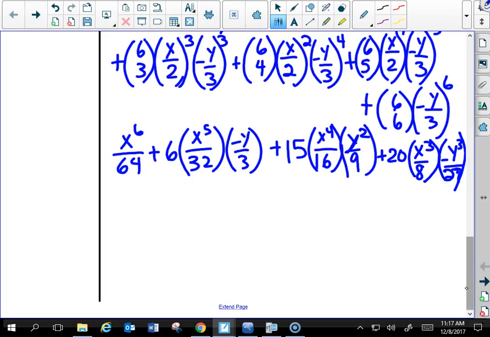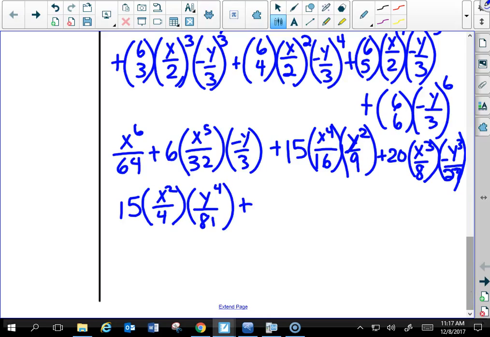And now I am working on x squared. So the combination of 6, 4 gives 15 again. And I get x squared over 2 squared, which is 4. And y is to the 4th power, so it's going to go positive. Y to the 4th over 3 to the 4th, which is 81.